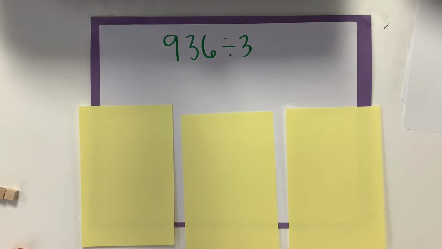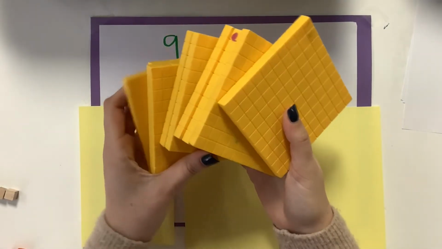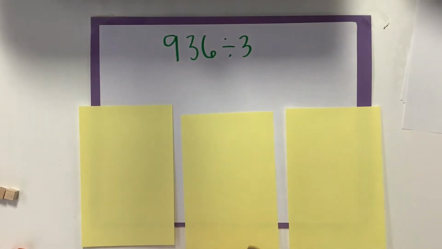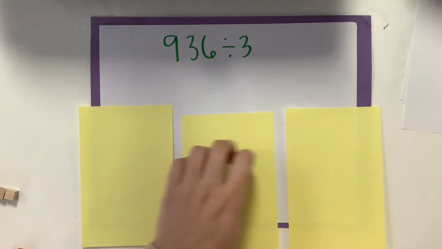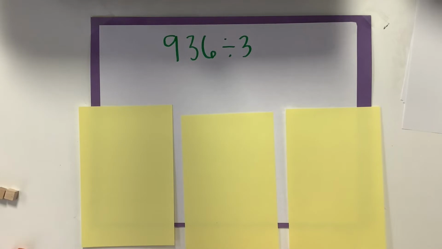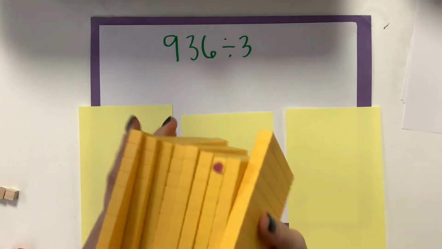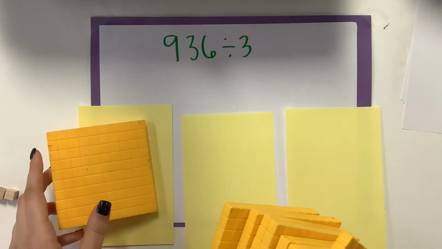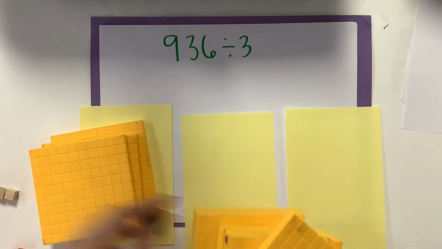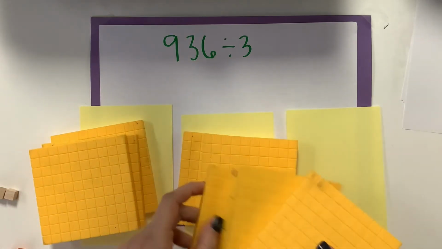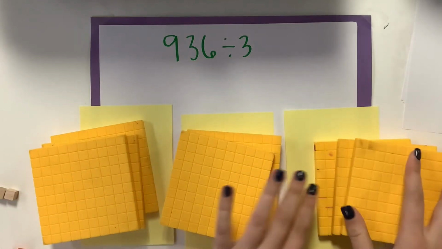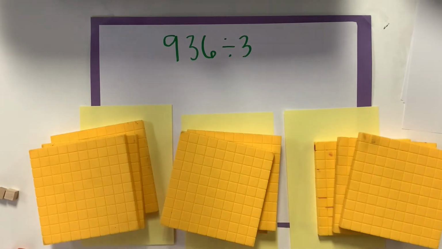I got out my 900s blocks, and I'm thinking, how do I divide these 9 by 3? How many blocks would go on each card? So 9 divided by 3 is 3. You would get 3, 3, 3. Okay, so far I'm dividing evenly. I have no more hundreds left to divide.